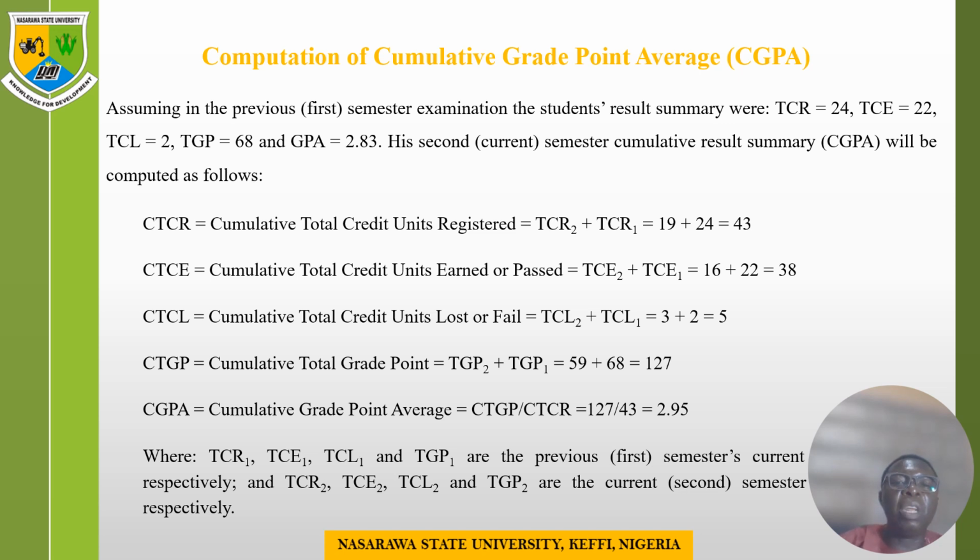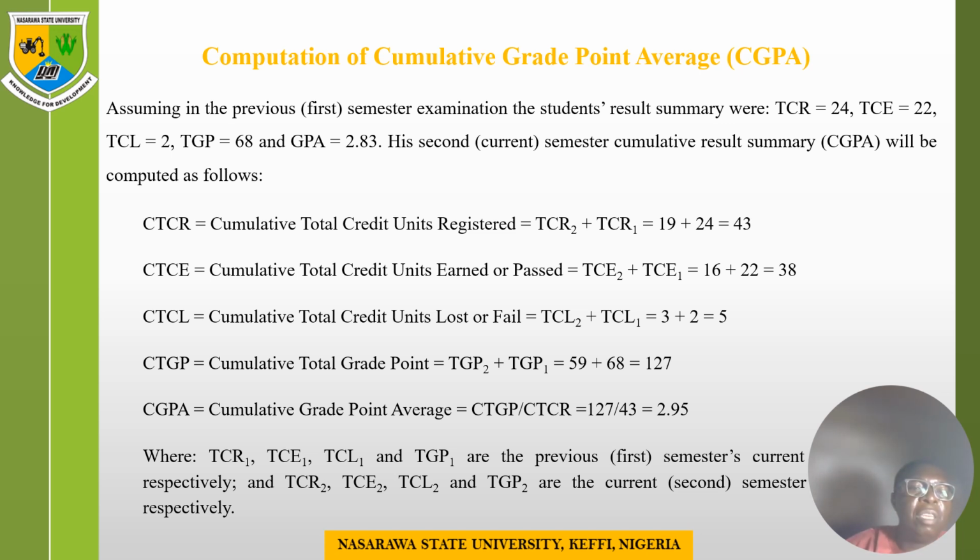Computation of cumulative grade point average. Assuming in the previous first semester examination, the student's result summary was TCR equals 24, TCE equals 22, TCL equals 2, TGP equals 68, and GPA equals 2.83. His second and current semester cumulative result summary, CGPA, will be computed as follows.